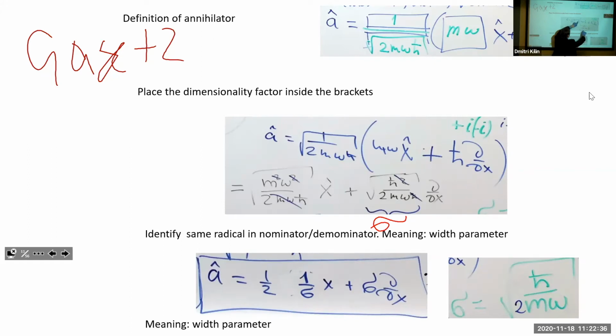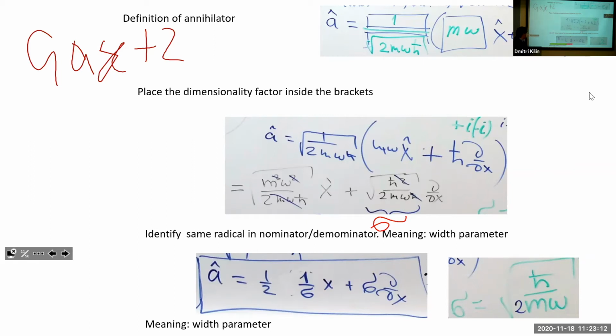The factor outside has the square root of mass and omega in the denominator. X has mass and omega in the numerator. If we combine these two things, we will get mass and omega in the numerator. If we bring this factor in front of the derivative, we will keep the mass and frequency in the denominator.